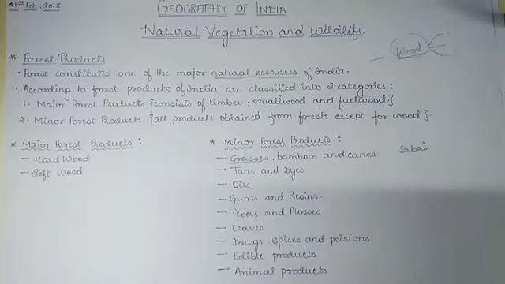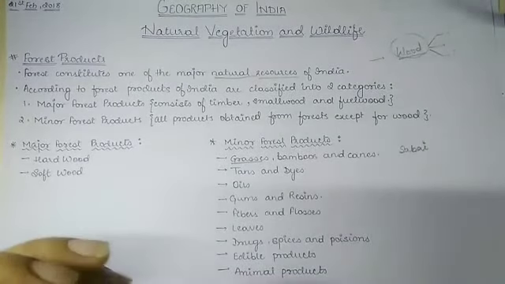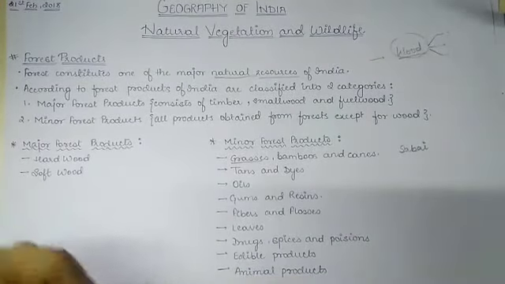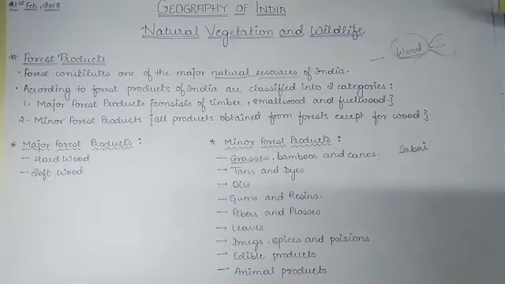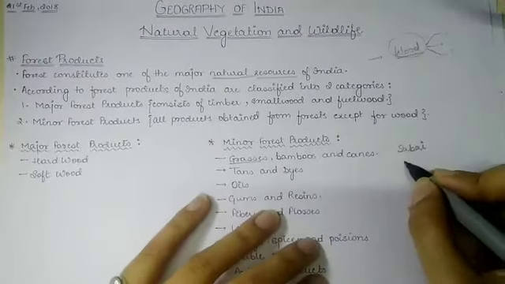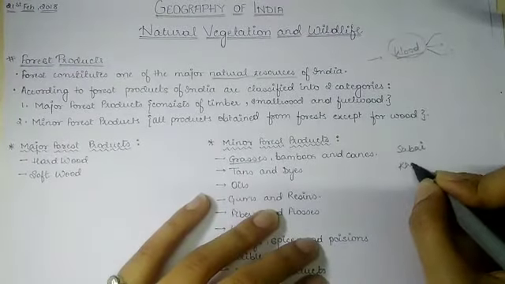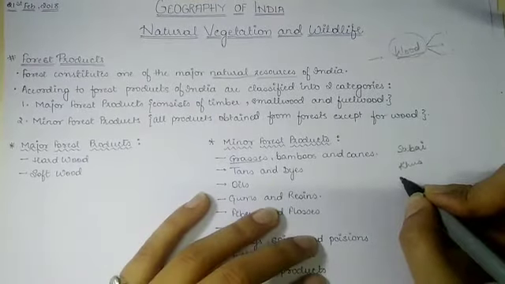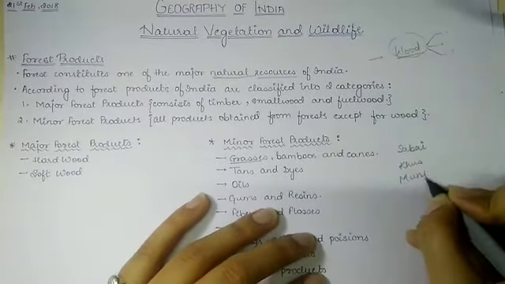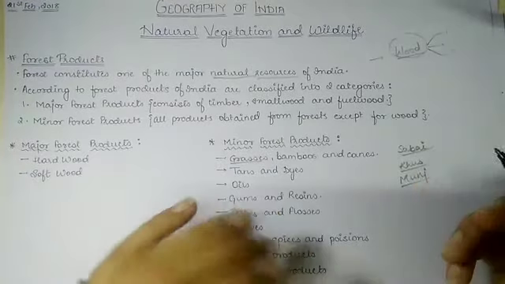The roots of this khas grass are used for making cooling screens. Then we have munj. Munj is a tall grass which is used for making stools, chairs, etc. So we have sabai, khas and munj. These are the three grasses.